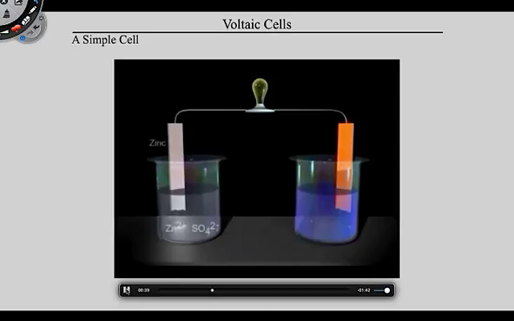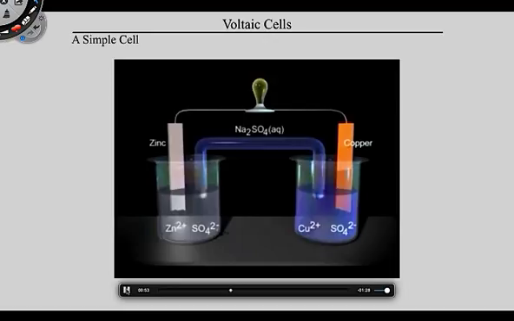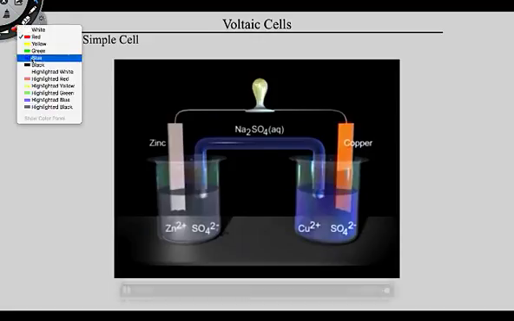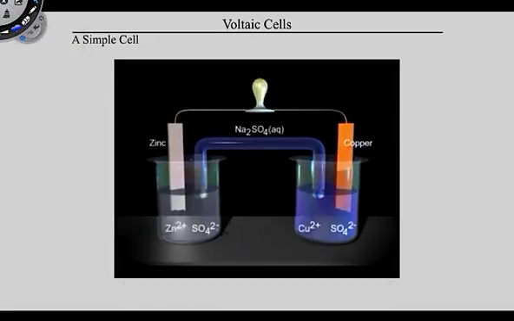The zinc electrode is immersed in a solution of zinc sulfate. The copper electrode is immersed in a solution of copper 2 sulfate. No current flows through the light bulb because the electrical circuit is not complete. To complete the electrical circuit, we add a tubular bridge filled with aqueous sodium sulfate solution with a porous plug on each end. We now have a complete circuit and current flows.